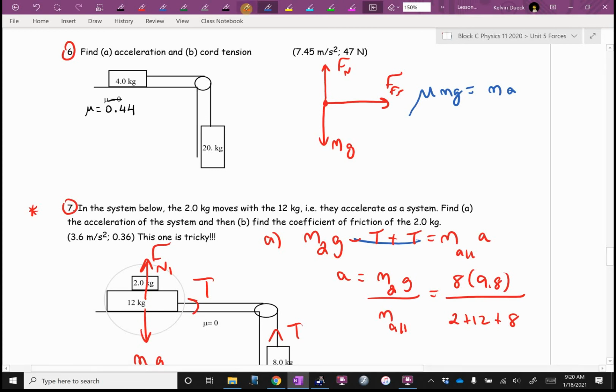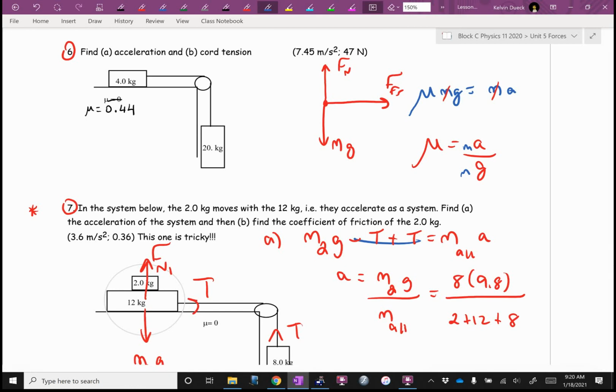And then you might notice the m's actually cancel, and to get the mu by itself, I would just divide by g. If you didn't cancel out the m's, if you wrote it as ma over mg, you'll still get the same answer. But that's how you can find the coefficient of friction. Mu ends up being a divided by g.